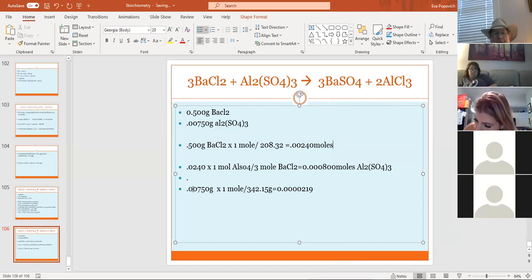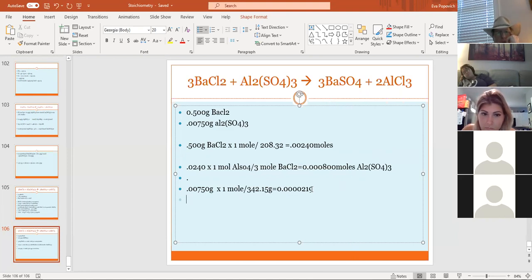The amount of aluminum sulfate I have was 0.00750 grams. So if I determine how many moles of aluminum sulfate I have, I divide it by the molecular weight. I now have 0.0000219.